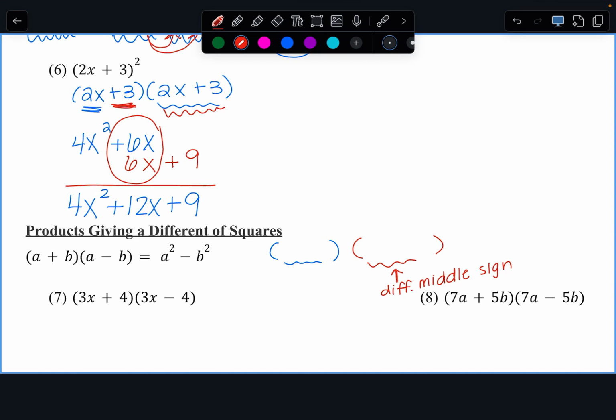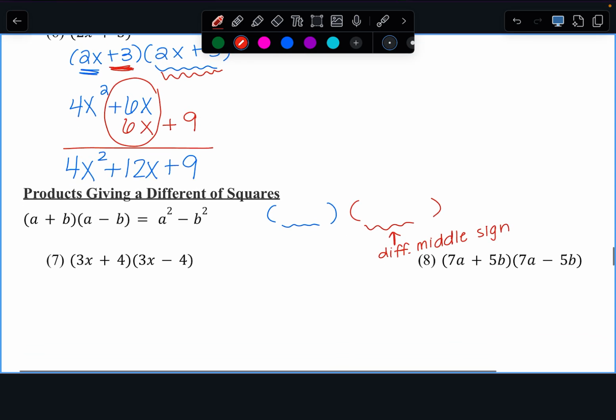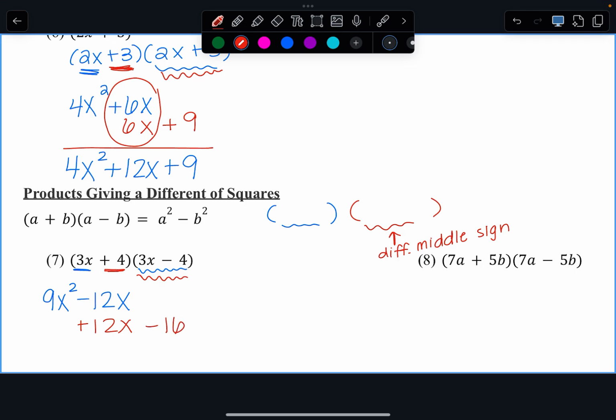So let's see what happens. If we do 3x times that stuff on the right we get 9x squared minus 12x. And then 4 times that stuff on the right gives us a positive 12x minus 16.